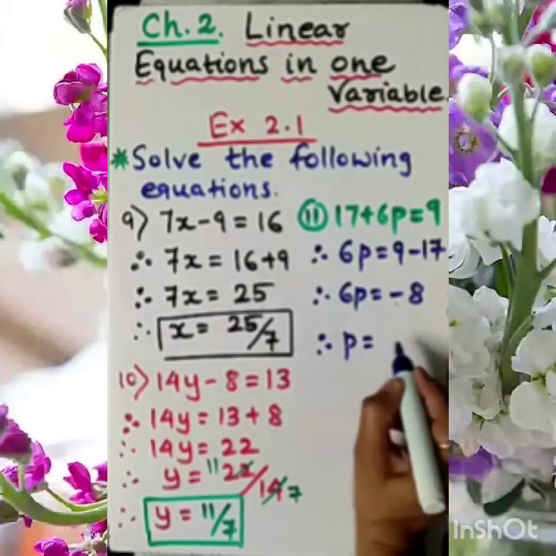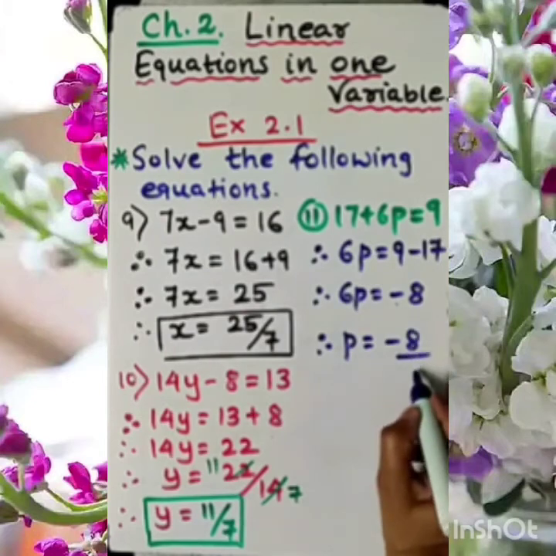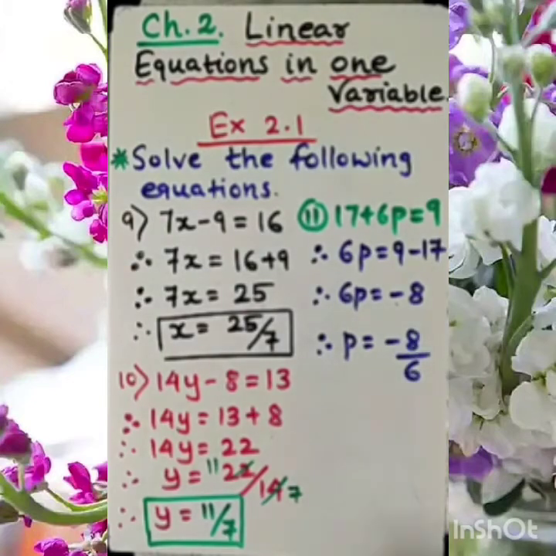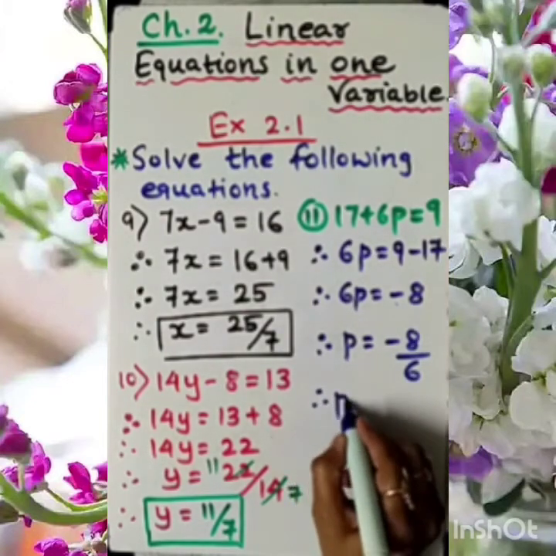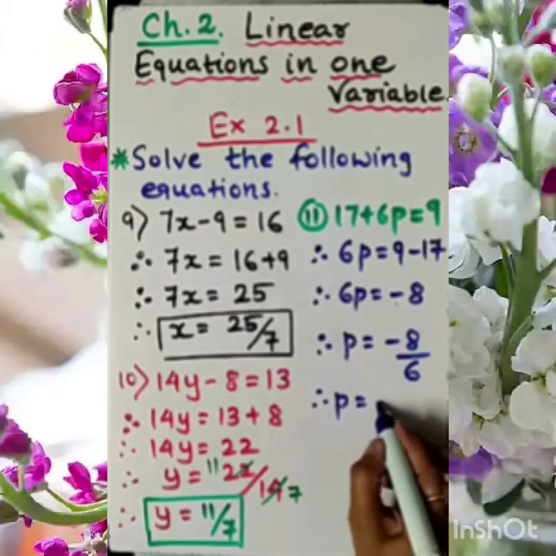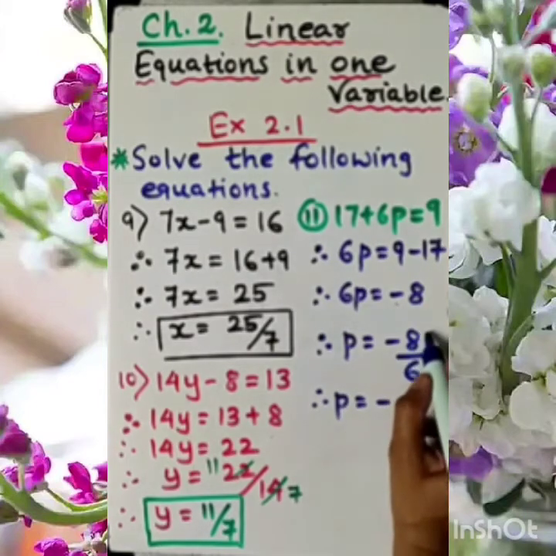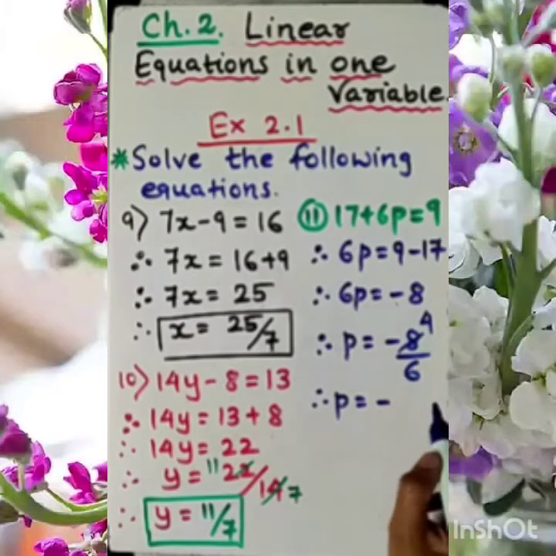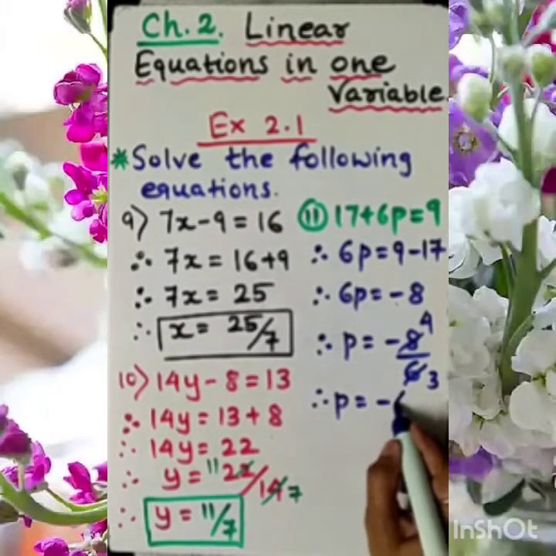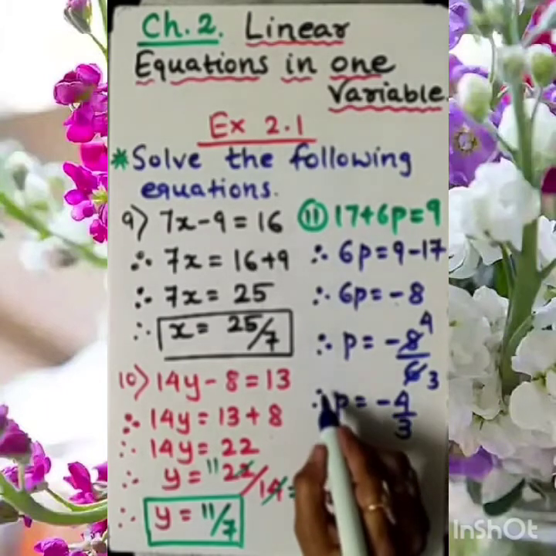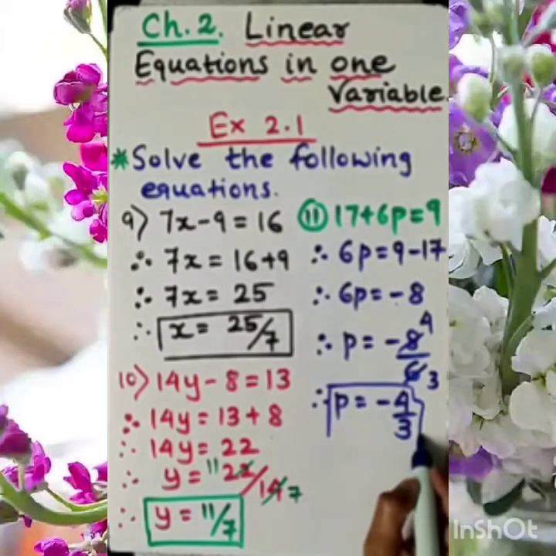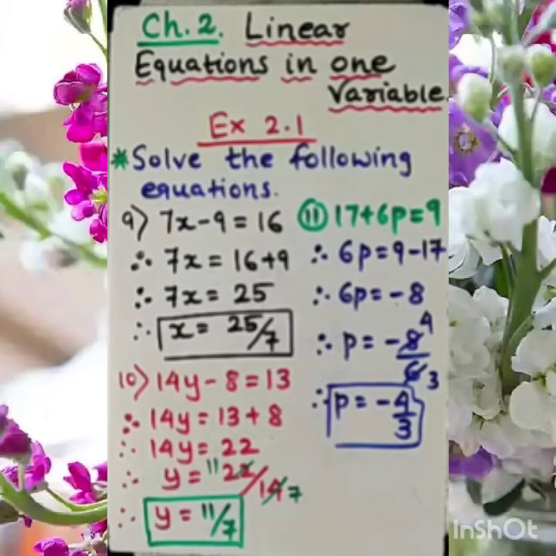Therefore, p equal to minus 8 by 6. Let's simplify. We know 2 fours are 8, 2 threes are 6. So our solution of this question is p equal to minus 4 by 3, which is the required result for the value of unknown variable p.